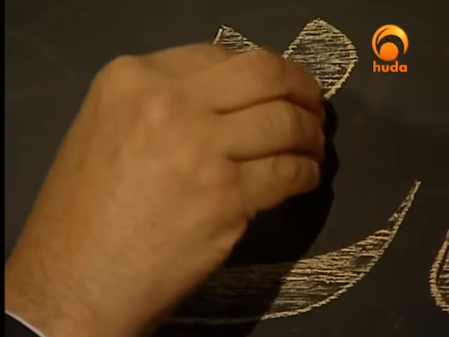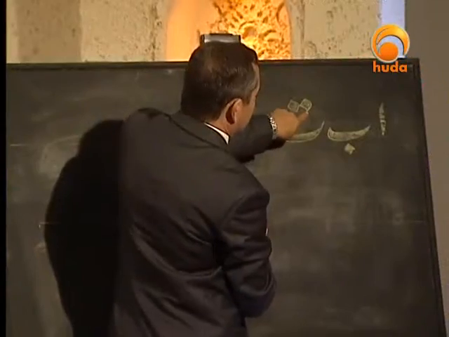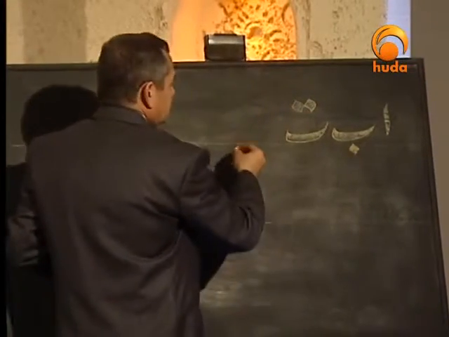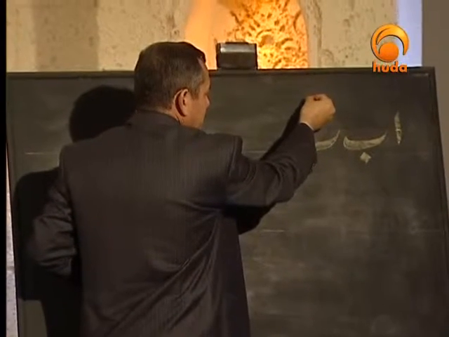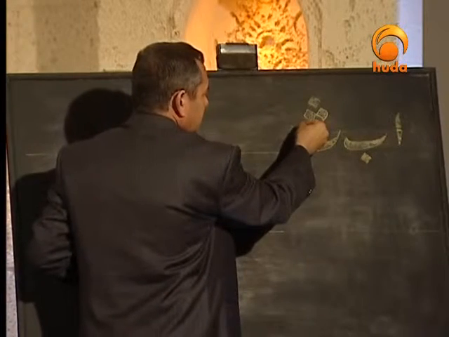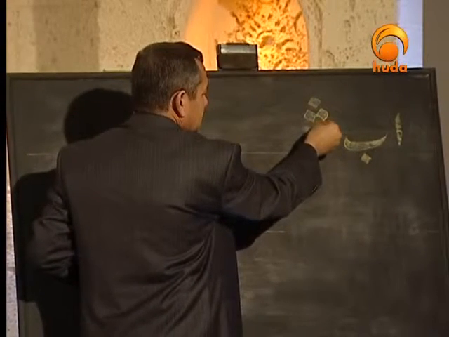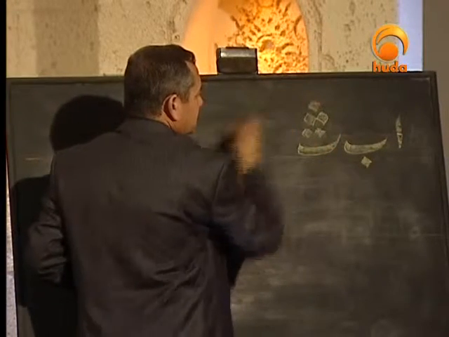Don't forget the curve and, at the end, the two dots here. Tha is the same, but with one more dot, so it means tha, like this, two dots, and tha with the three dots.